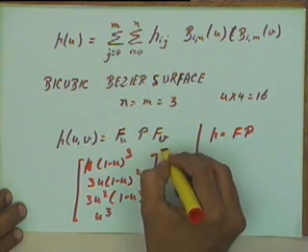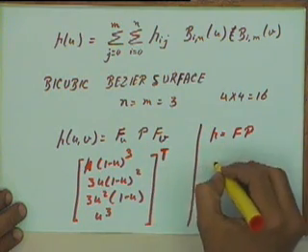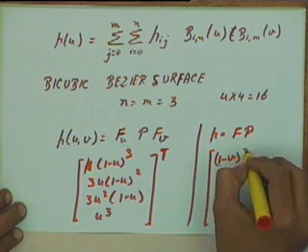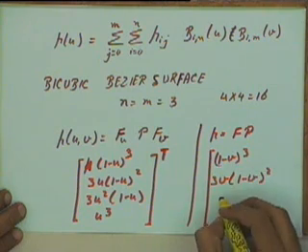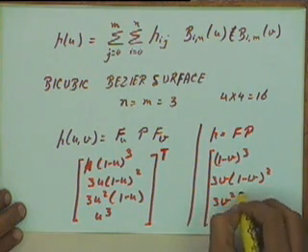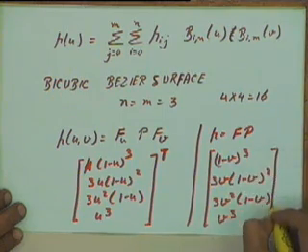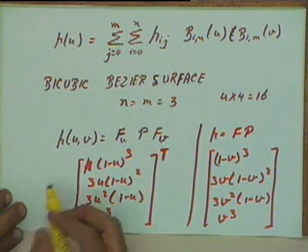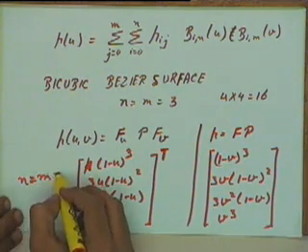So this will be the transpose of this, and what I have written is only for the case of n equal to m equal to 3.